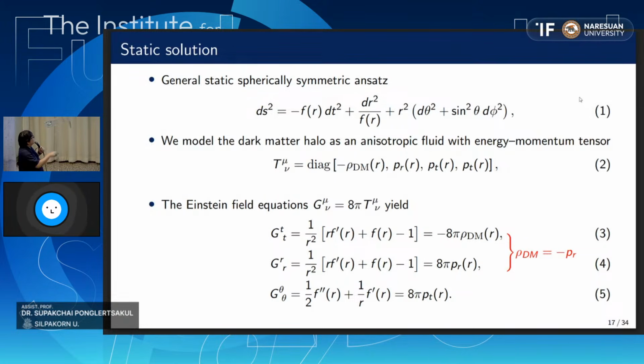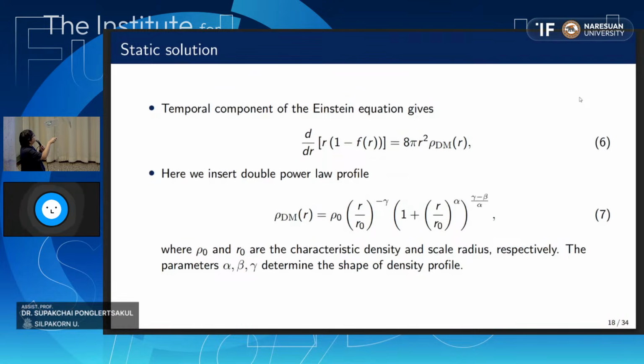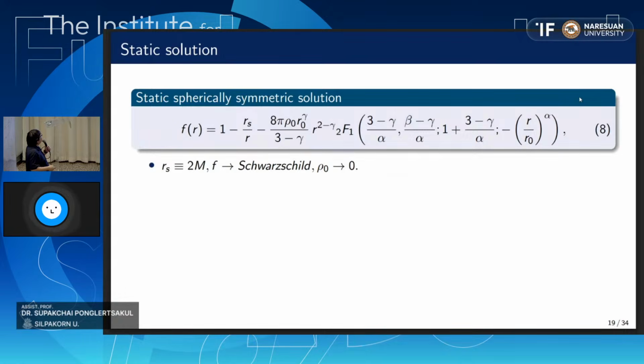The next step is we replace rho_DM with the double power-law profile. Equation 6 is just another way to rewrite the temporal component of the Einstein equation. When we put 7 into 6, we can solve for f, which gives us a closed analytic function.